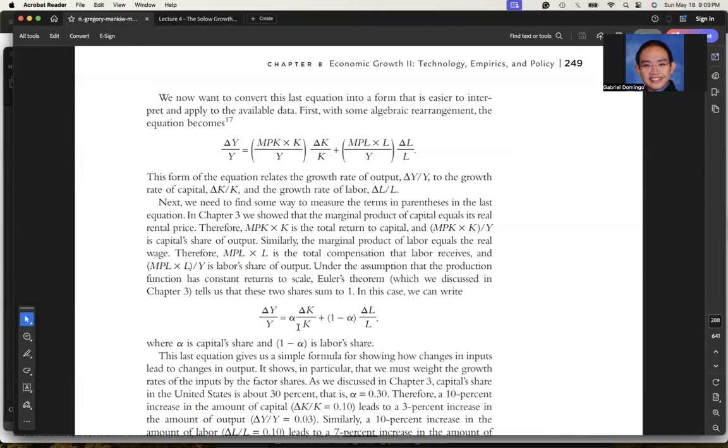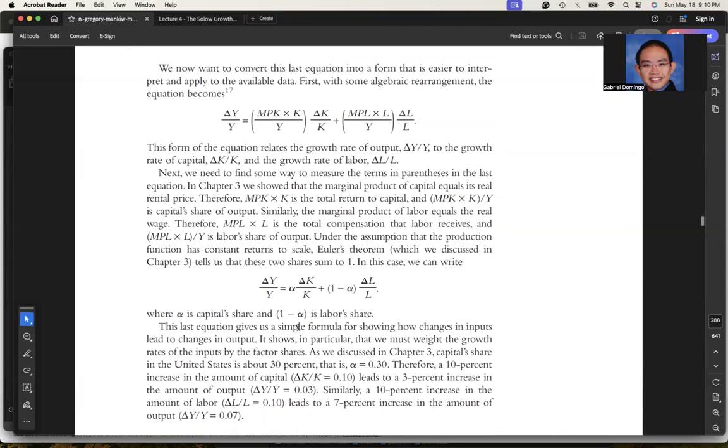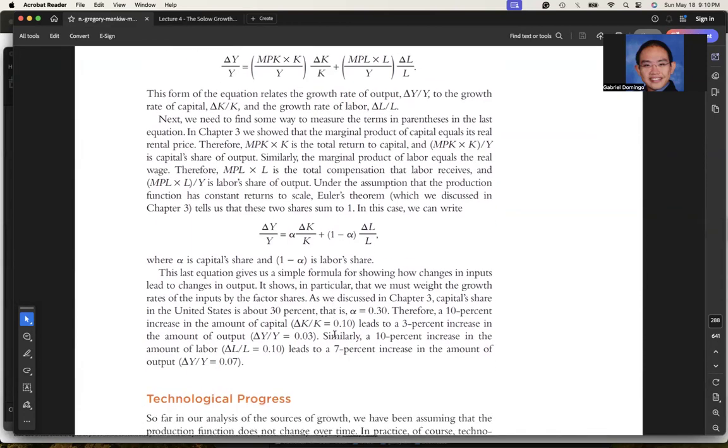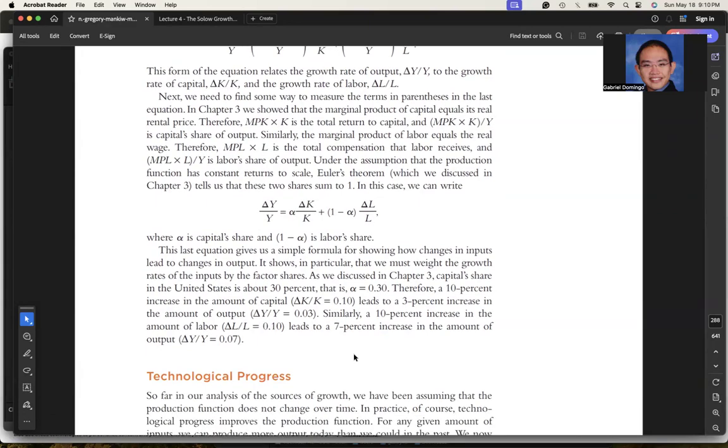In the previous slide, PowerPoint, I had mentioned that alpha is the share of labor. So you can do it either way, right? It's up to you. But alpha is the capital share here, and 1 minus alpha is the labor share. As long as you've properly identified which share is which, you can use whatever you wish.